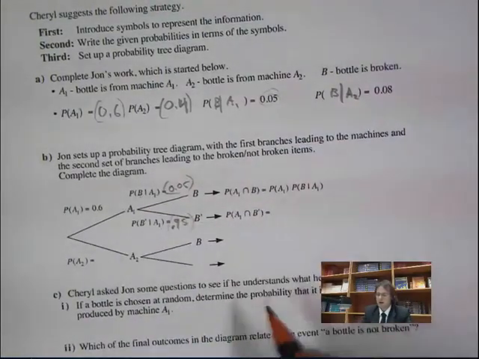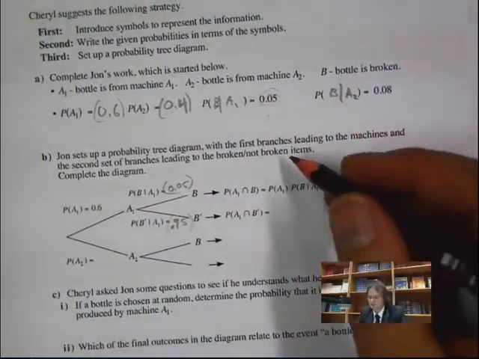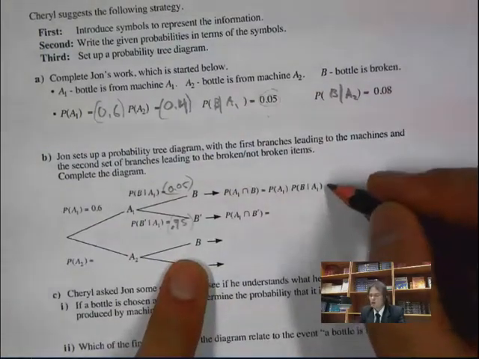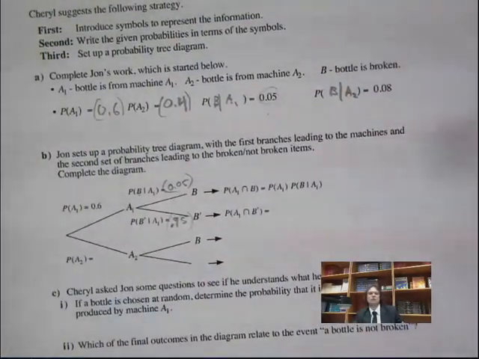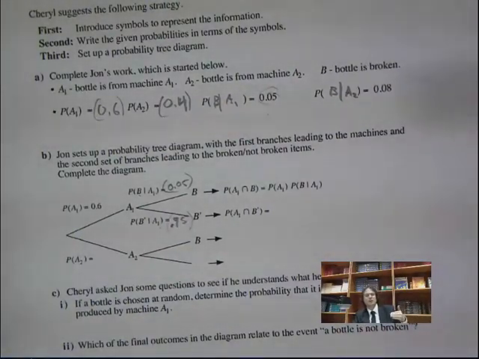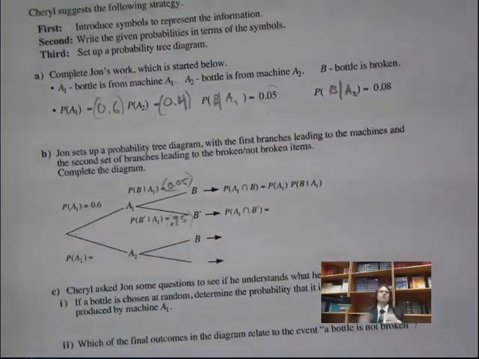Now let's take a look at it. These are dependent because it depends on which machine it comes from. If it's from machine A, there's less chance of it being broken. If it comes from machine B, there's more of a chance. That's why it's dependent: the broken bottles depend on which machine they come from.